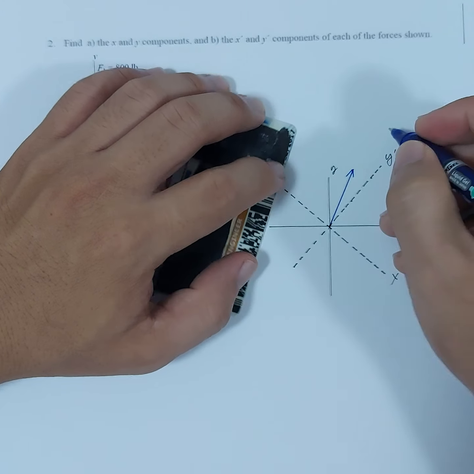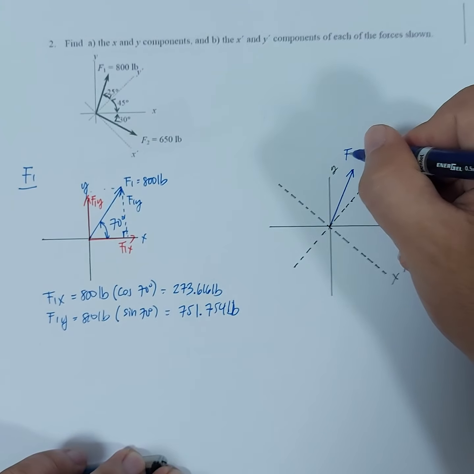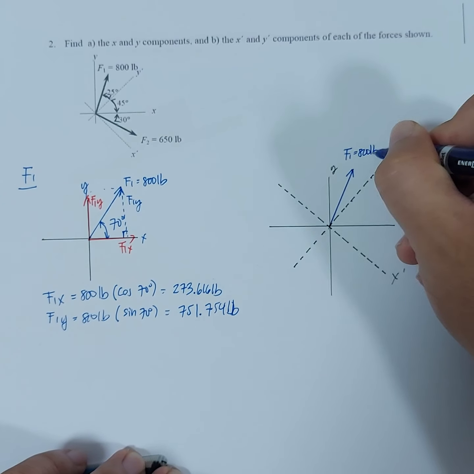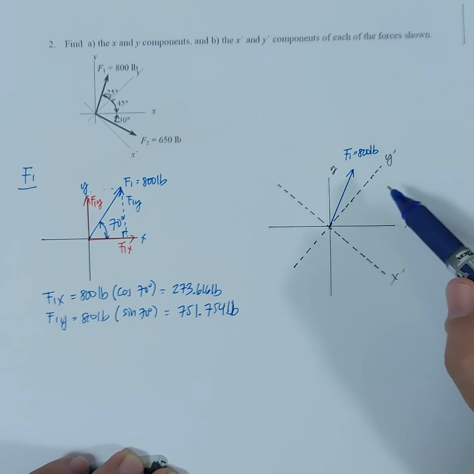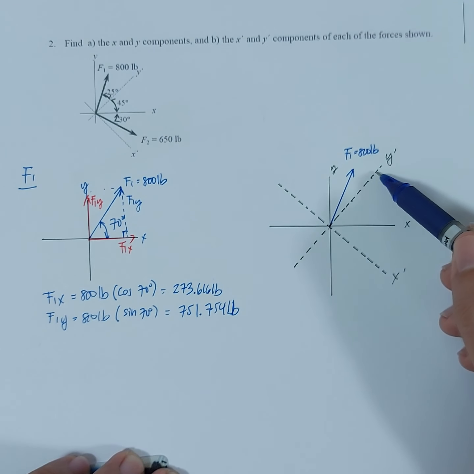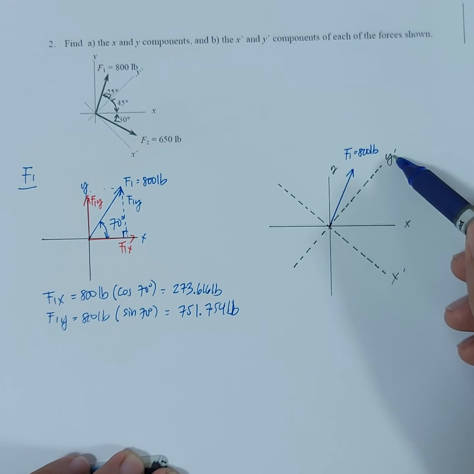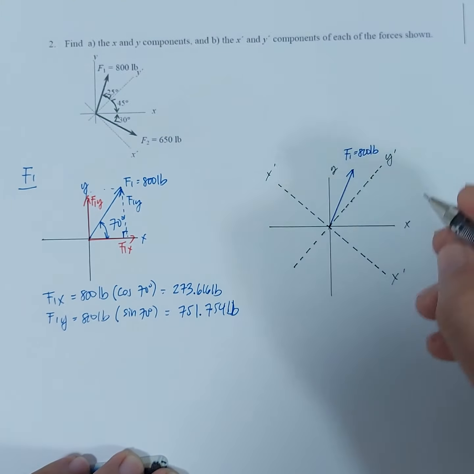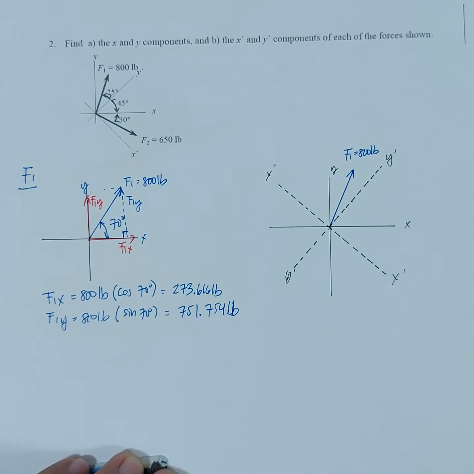So this is F1, which is 800 pounds. So we're going to resolve yung F1 sa yung components niya sa x prime and y prime axis. So this is also x prime and this is also y prime. So yung angle natin, don't forget to include also our angle.